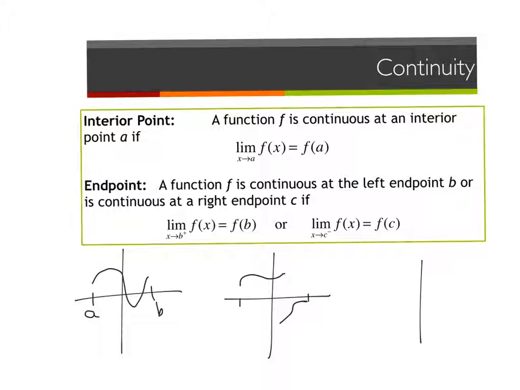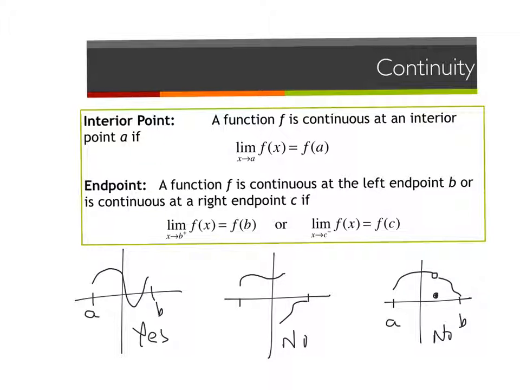If you have one like this, that's not continuous, because I can't jump over that little hole without picking up my pencil from the paper. Okay, so this is not continuous.